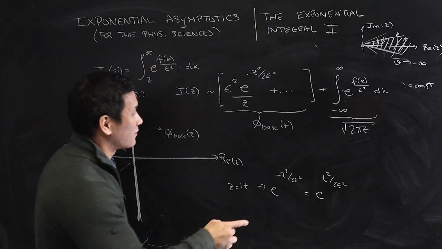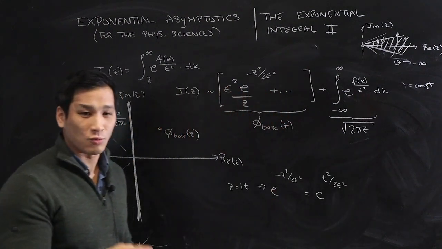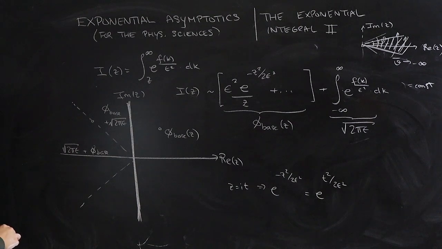Because this is exponentially small now, and then this is order 1. So they've swapped in magnitude.